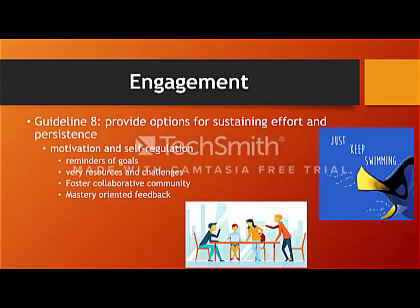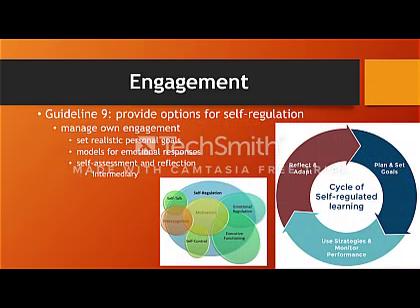Now that we know how important self-regulation is, how can we foster this in our students? Guideline 9, provide options for self-regulation. Teachers can build this skill in students by allowing them to manage their own engagement, by setting realistic personal goals, modeling their own emotional responses, and providing self-assessments and reflections as part of the lesson outline.